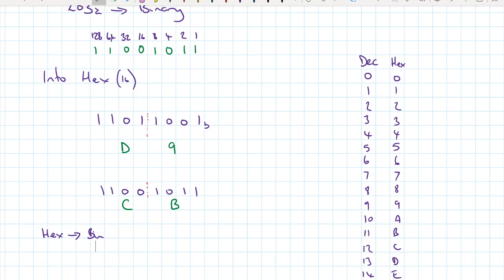Okay, if we're looking to convert something from hex to binary, then we just do exactly the same, but in reverse. So what should we have?